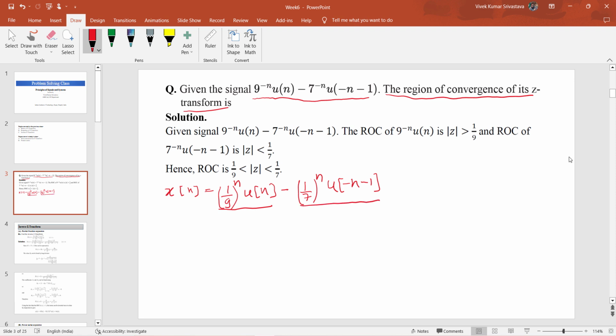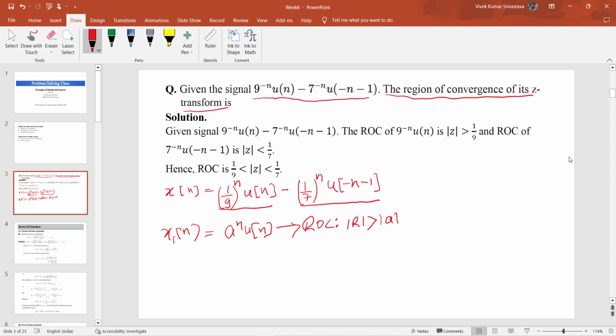If this is my right sided signal, a^n u[n], then for this kind of signal we have seen that the ROC should be |z| greater than mod of a.